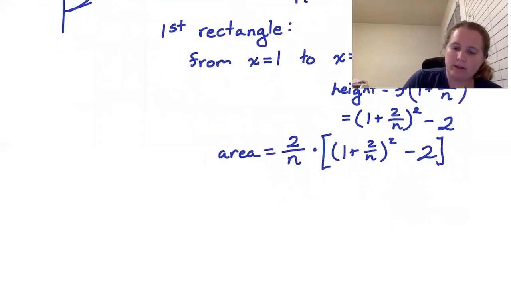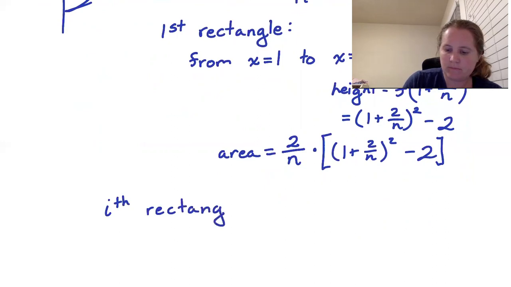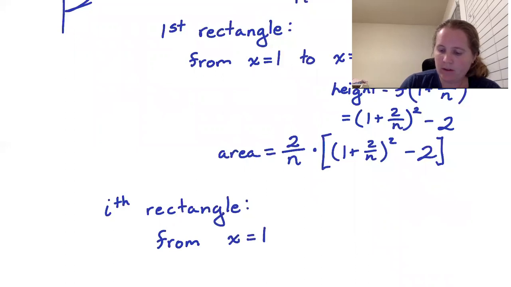Now, if we want to look at the ith rectangle, rectangle number I, we're going to go from x equals 1 plus, we're going to add on a bunch of copies of 2 over n.